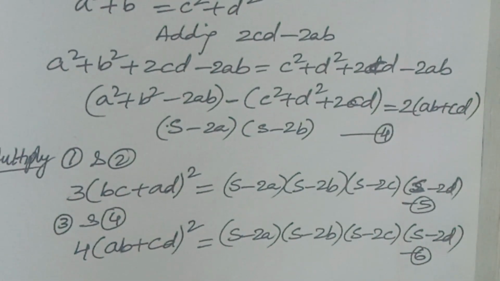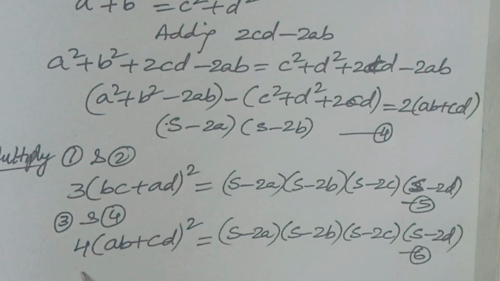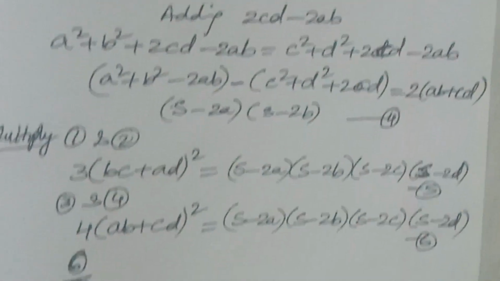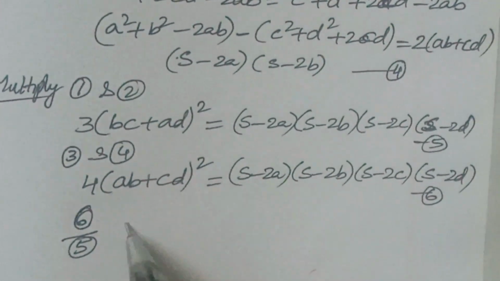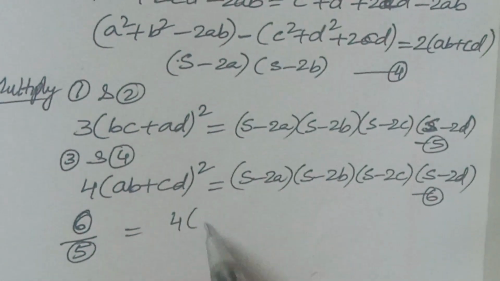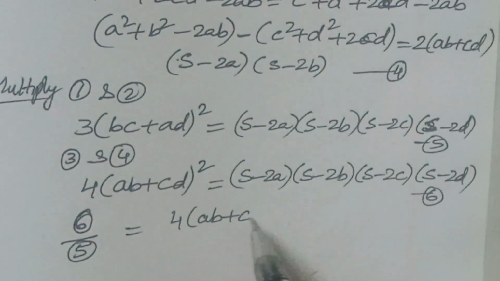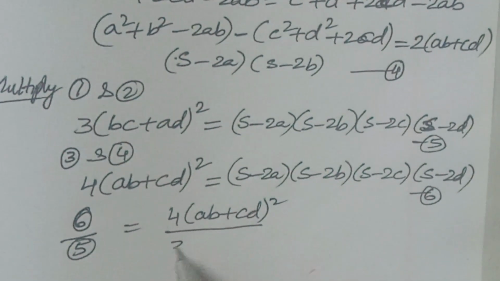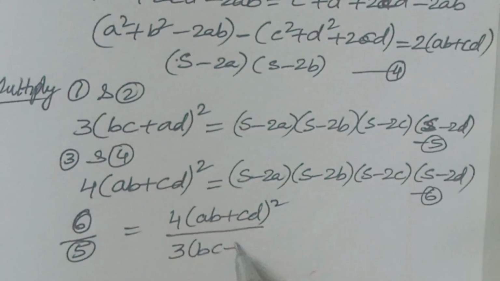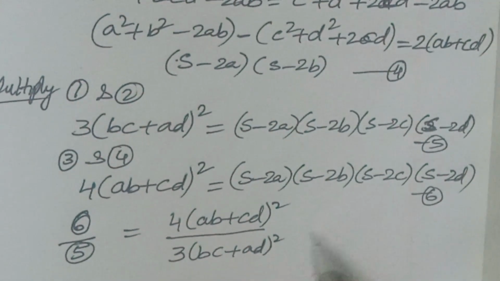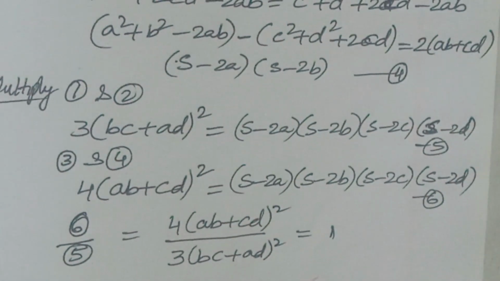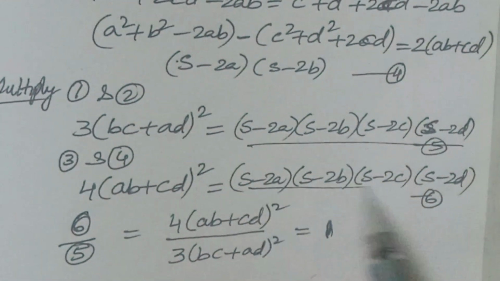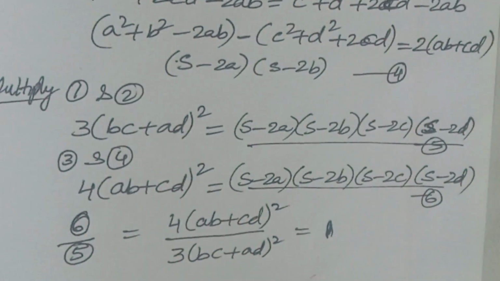Now we want AB plus CD by BC plus AD. 6 divided by 5: 4 of AB plus CD whole square by 3 of BC plus AD whole square is equal to 1. Why? Because these two values are the same, we'll get cancel, we'll get 1.